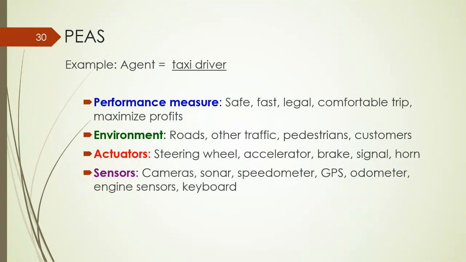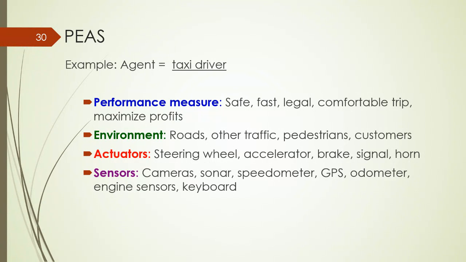What is the environment? The environment is roads, other traffic, pedestrians, customers, probably police, and rules. Actuators are steering wheel, accelerator, brake, signal, horn. These are the things by which it interacts with the environment.